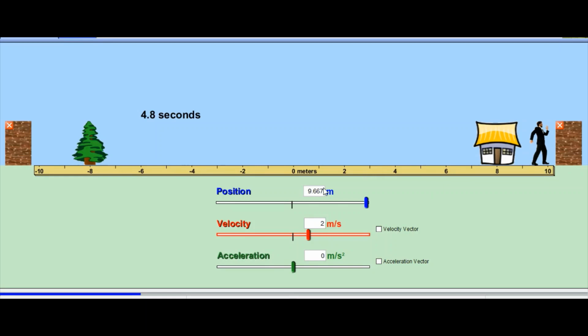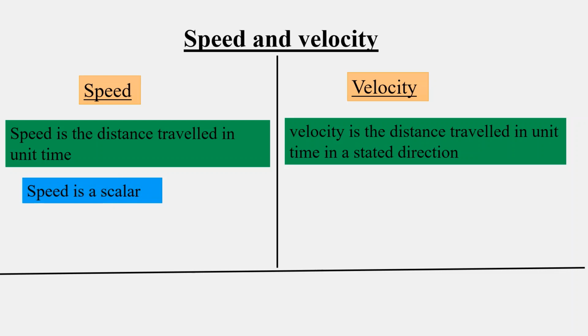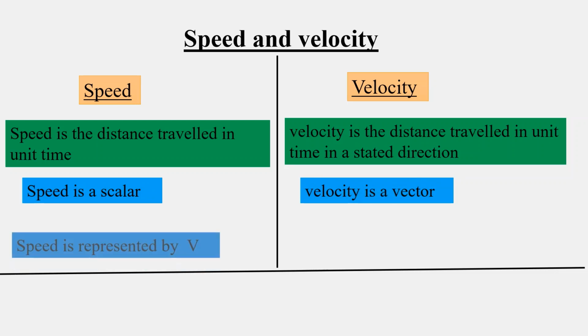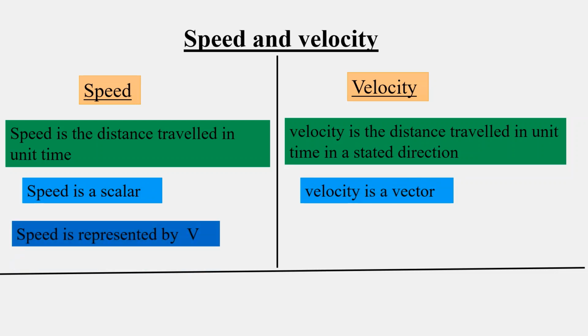So we can say speed or velocity is a ratio of position to time. But as we have said, speed is scalar and velocity is vector, and they are both represented by v.